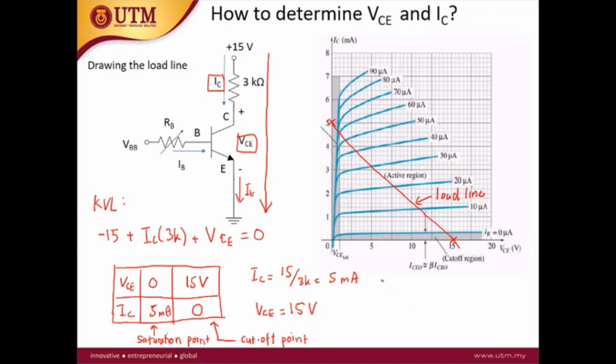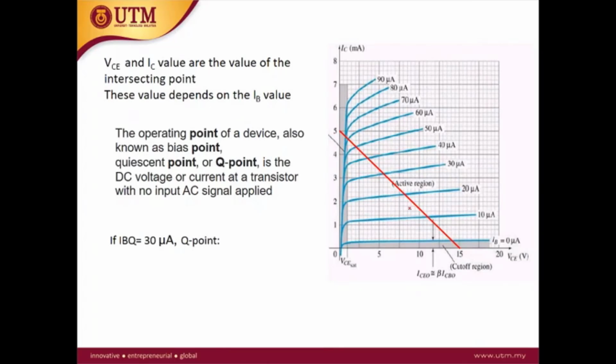The solution, the VCE and IC, can be obtained by identifying the intersecting point. So this is the drawn load line. VCE and IC values are the values of the intersecting point.